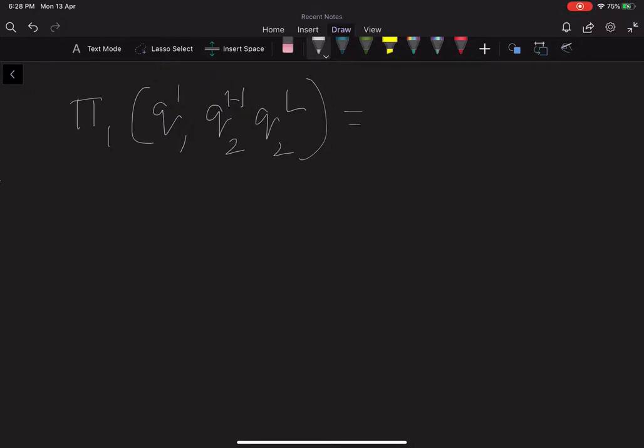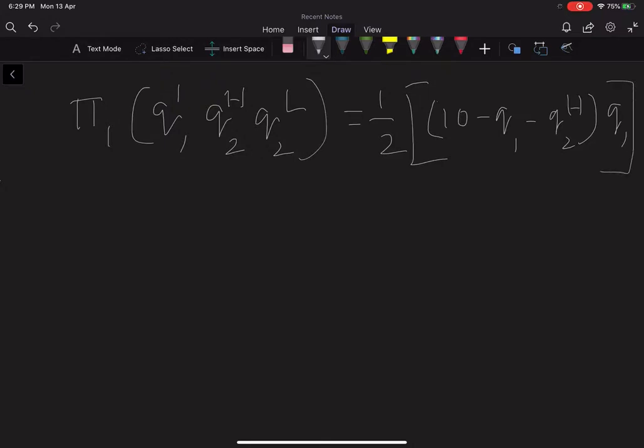Expected payoff is, with probability half, firm 1 expects firm 2 to be high type, in which case his payoff is price times quantity. What is price? 10 minus Q1 minus Q2H, because with probability half it is of type H, times Q1.